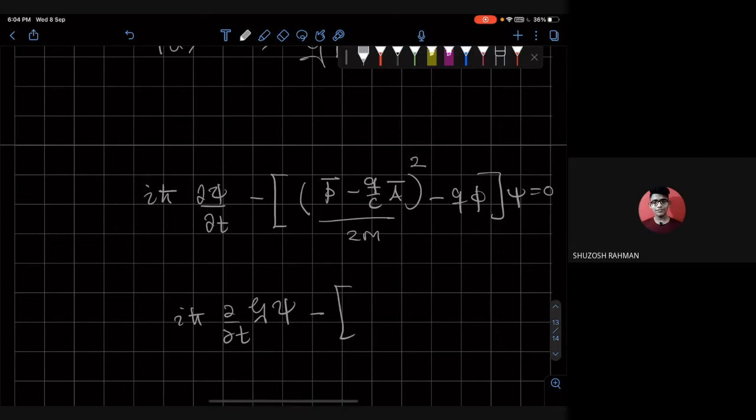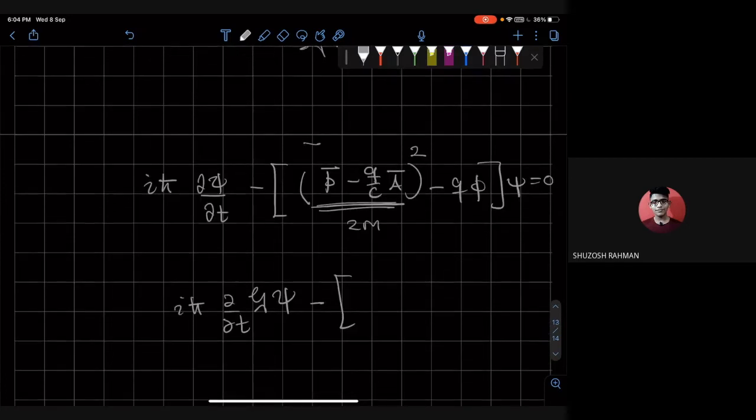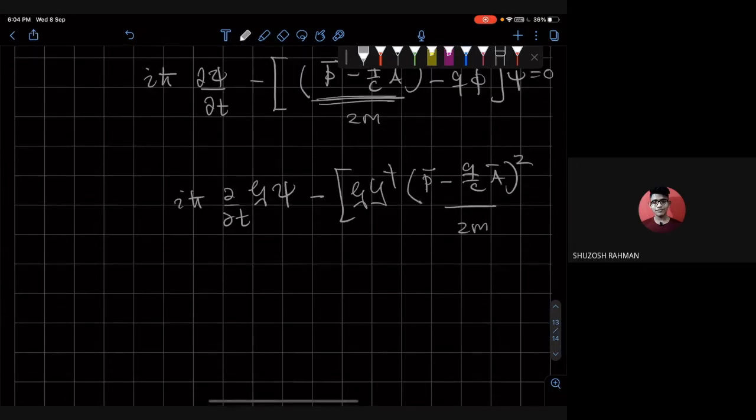Inside, we showed that the operator can have G here and then G dagger, which is 1. And here we have (P minus Q by c A) squared by 2m minus Q phi. But here we have G of psi equals 0.